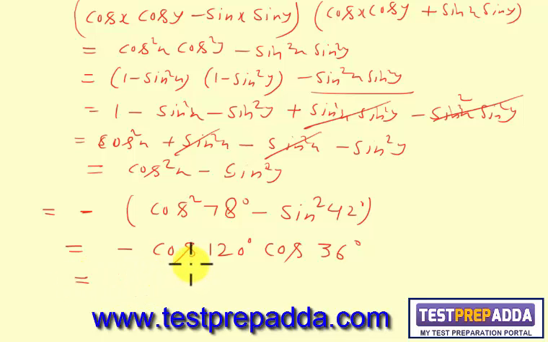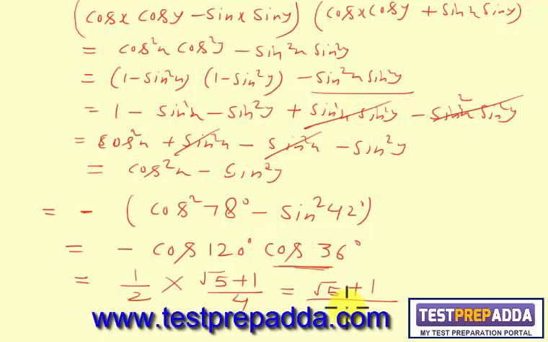And cos 120 degree is what? Minus half. Minus minus will become plus half. And cos 36 degree, this we have derived in the previous sessions, root 5 plus 1 by 4. So at the end, the answer comes as root 5 plus 1 by 8.